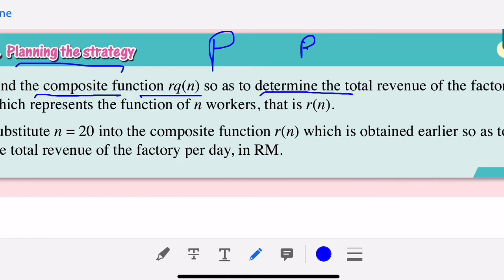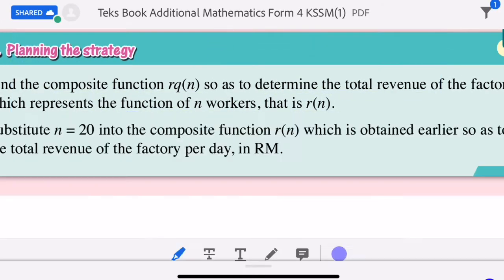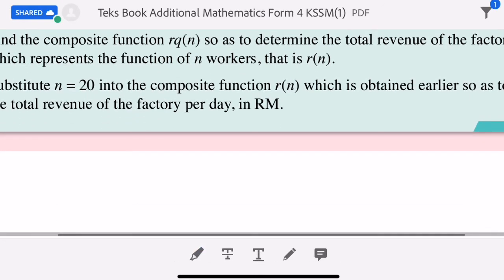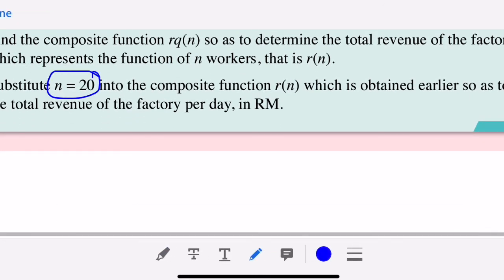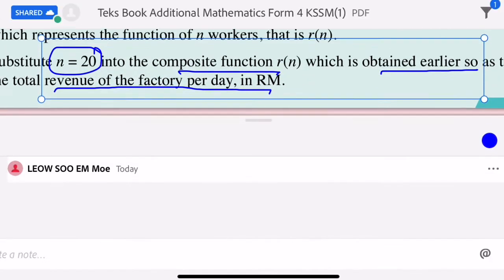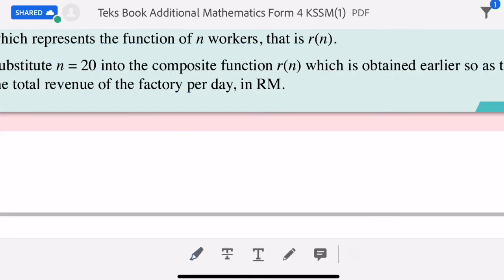To determine the total revenue of the factory, represented by the function of n workers, you then substitute n equal to 20 into the composite function obtained earlier, to find the total revenue for the factory per day. Now let's see how to do it.